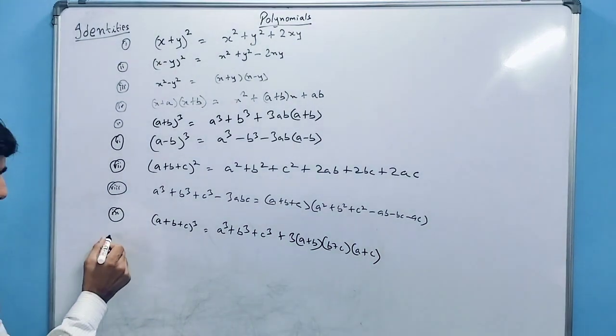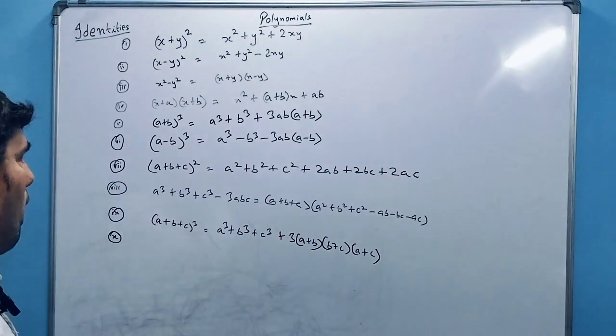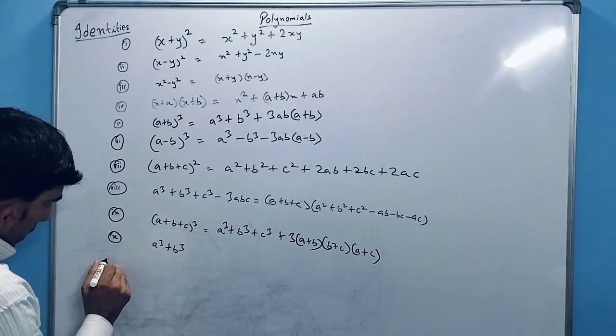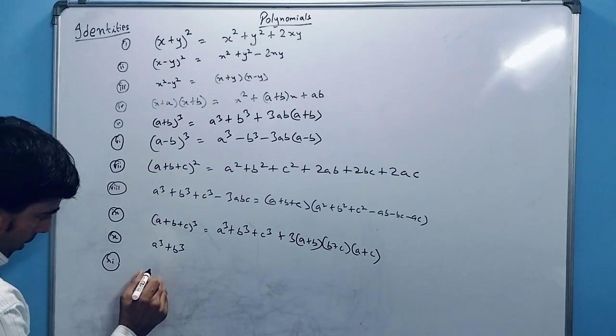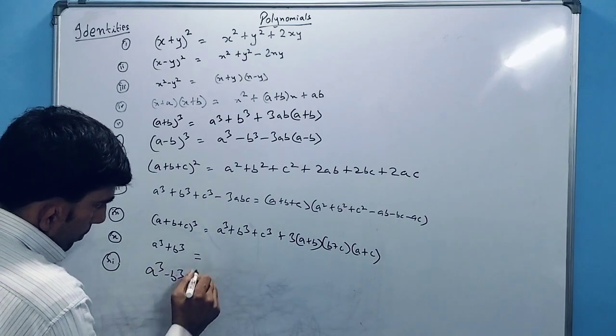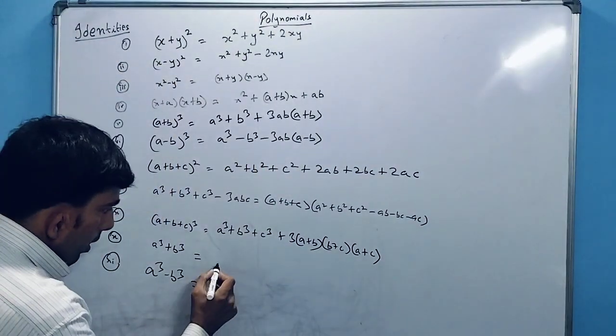Now we'll move to the 10th identity, that is a cube plus b cube. Next I have a cube minus b cube. Now see how it works.